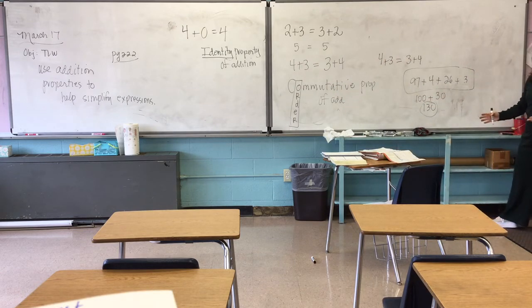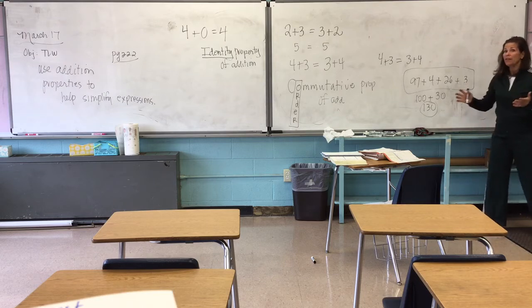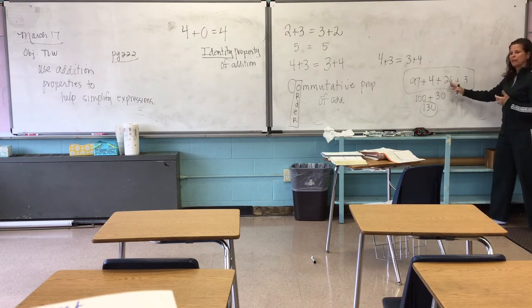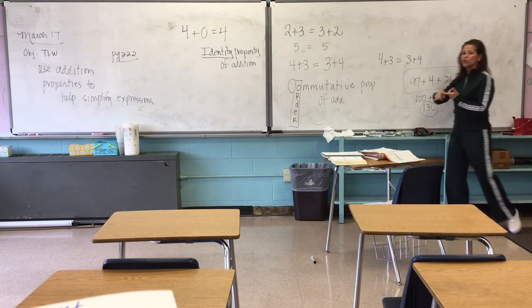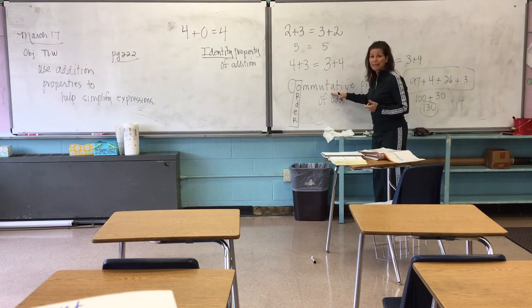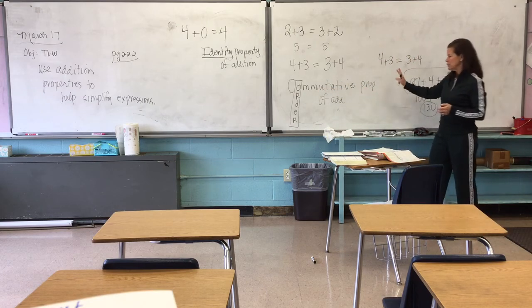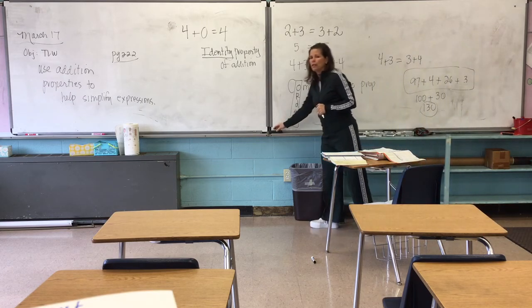We can change the order to make it easier for us. Nothing new, you probably know that you can do that. I'm just hooking on the reason why we can do it. The commutative property of addition allows us to affect the order in which we add.